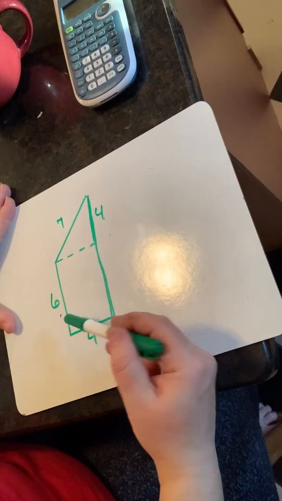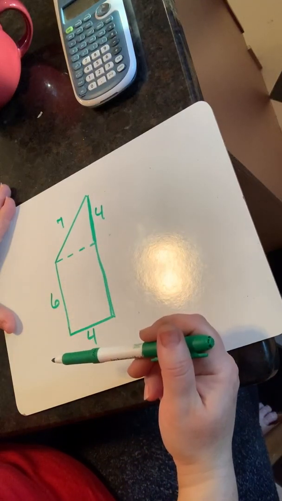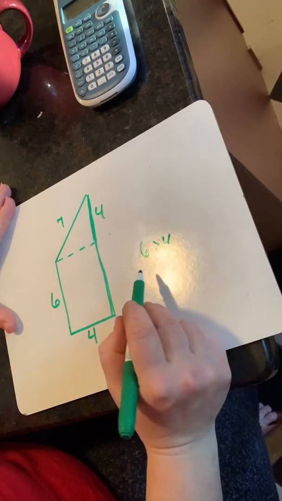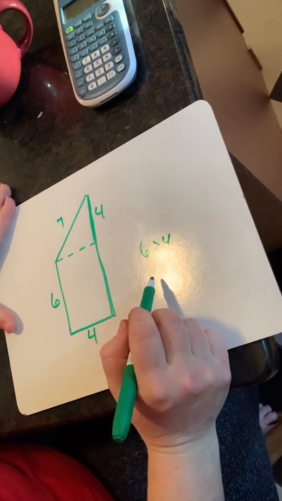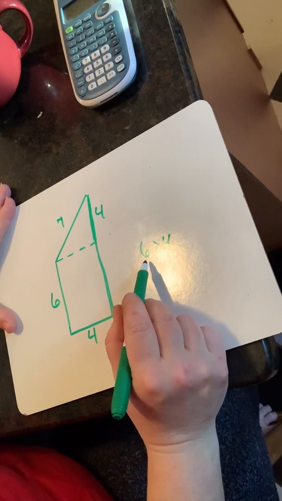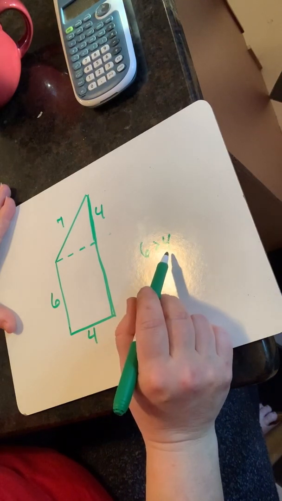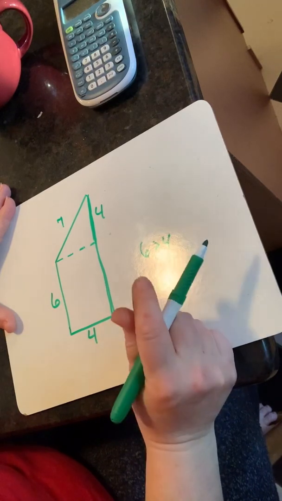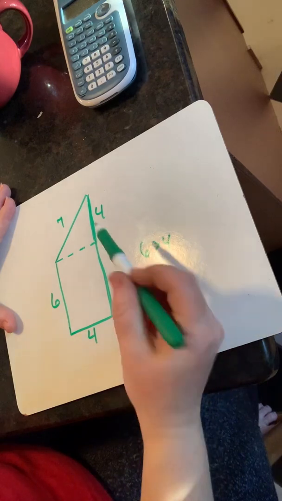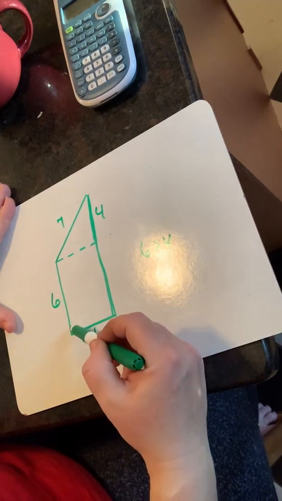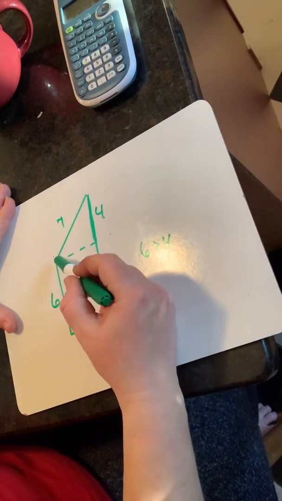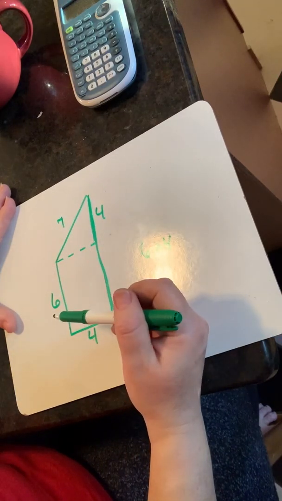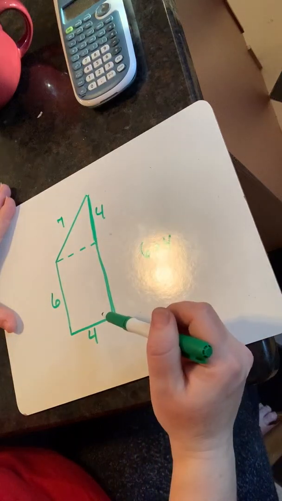What number is bigger, 6 or 4? Well, we know that 6 is greater than 4. So looking at a shape, I know that the side whose measurement is 6 has to be bigger than the side whose measurement is 4. Now this isn't drawn to scale, but I know that this side is smaller than this side because of my diagonal line, and the way it is, but also visually, this side where the 4 is has to be bigger.